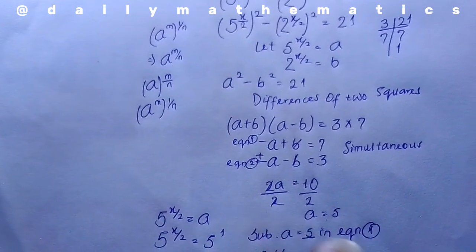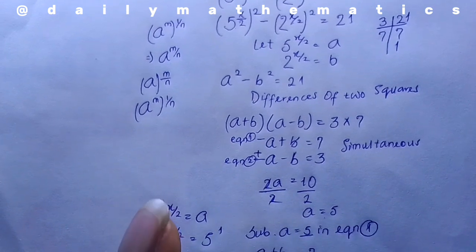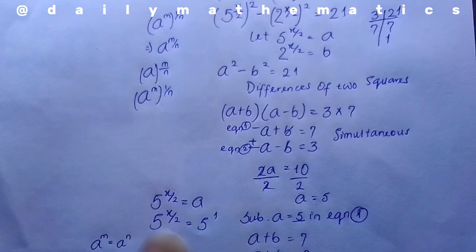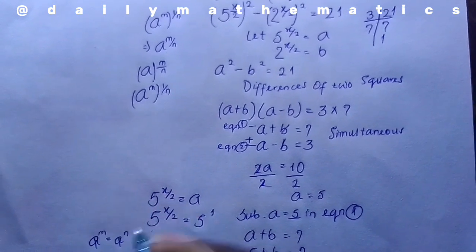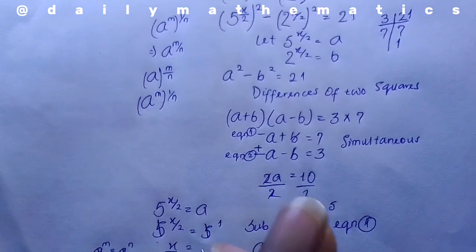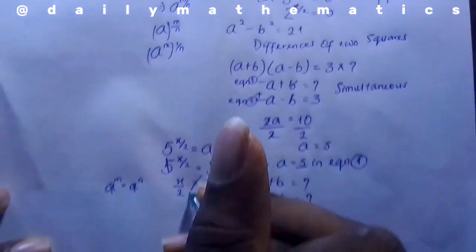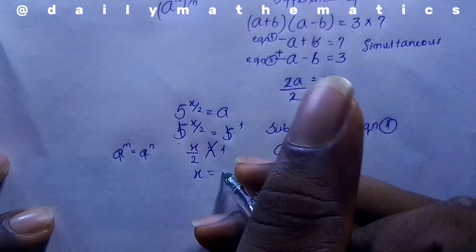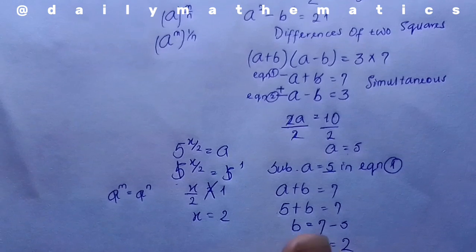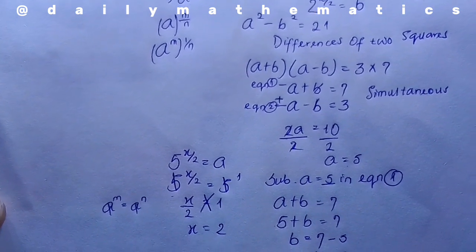So we can see the bases are the same. When we have a raised to the power of m equals a raised to the power of n, we can cancel, and the powers will equate to themselves. So we cancel this place. X over 2 equals 1. And from here, we cross multiply. X equals 2. Our value for x is 2.